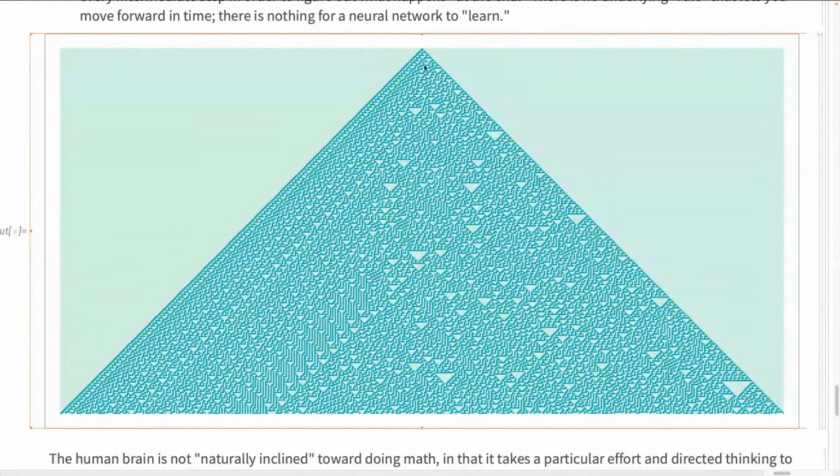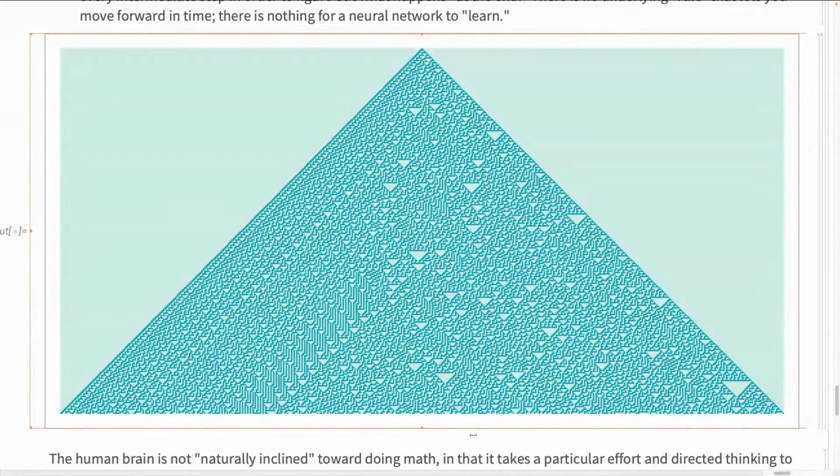We can't say, okay, we're starting from one blue pixel in the middle, and we're going to run for however many steps, and that's what that row is going to be like. There's no way to do it. We have to go from this step to the next step to the next step, following every single step along the way.